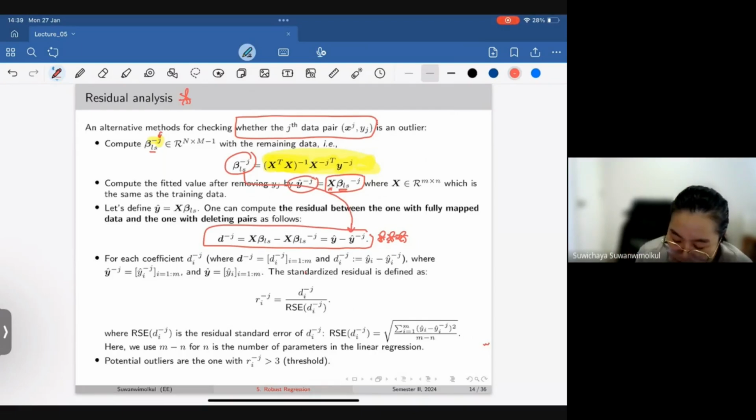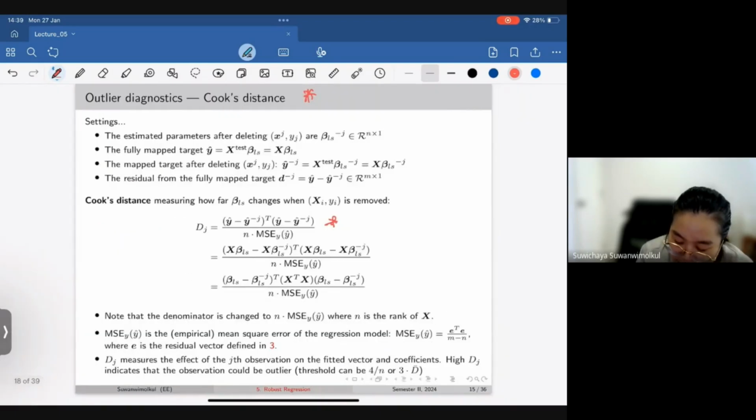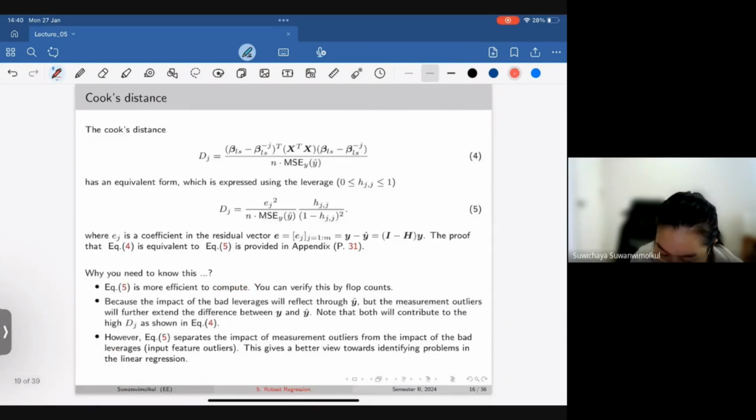But the difference is that they further decompose y hat into beta ls. With this decomposition, Cook distance turns out to be simpler to compute, though not with this formulation of course. They have a reduced formulation, which is this one.